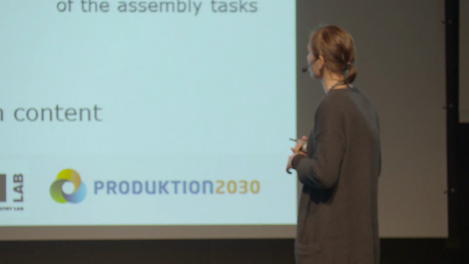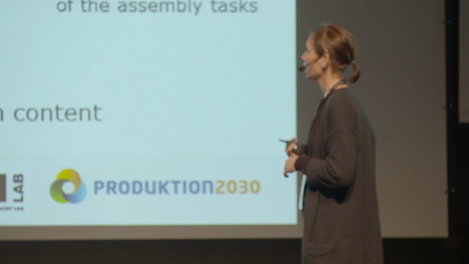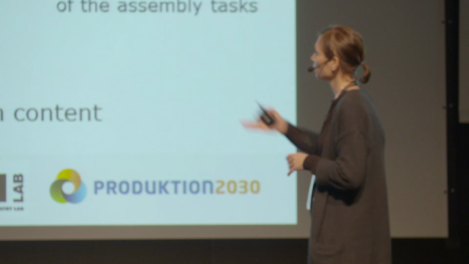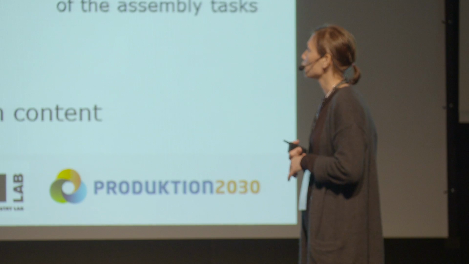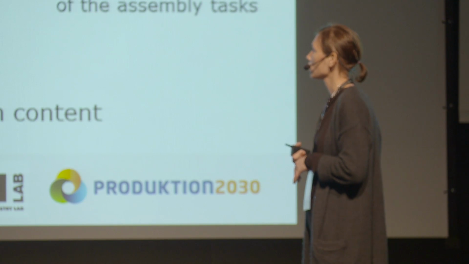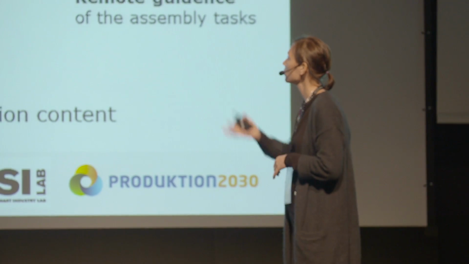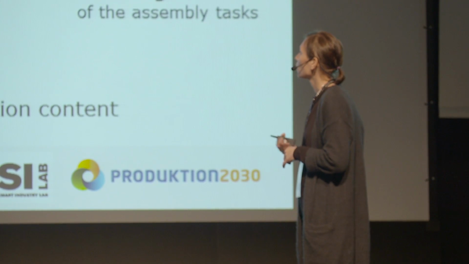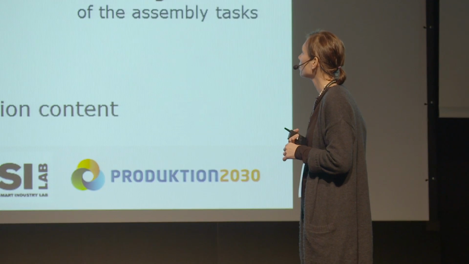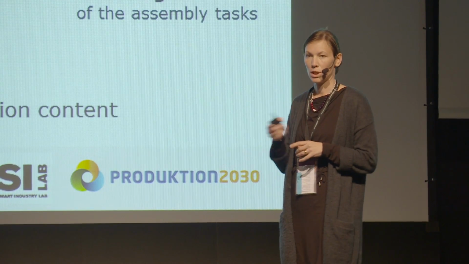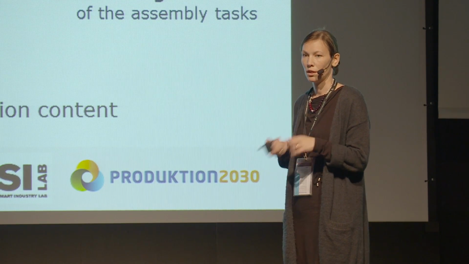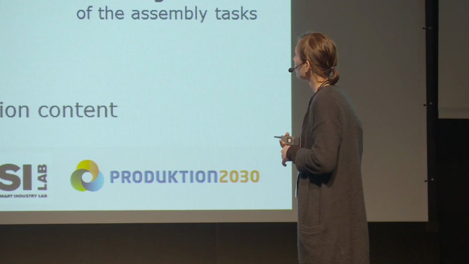So here you see different carriers. So we have one picture of the most difficult tasks that have the most quality issues on the right. And then we have a movie that the operators could play and play again and pause and so on.